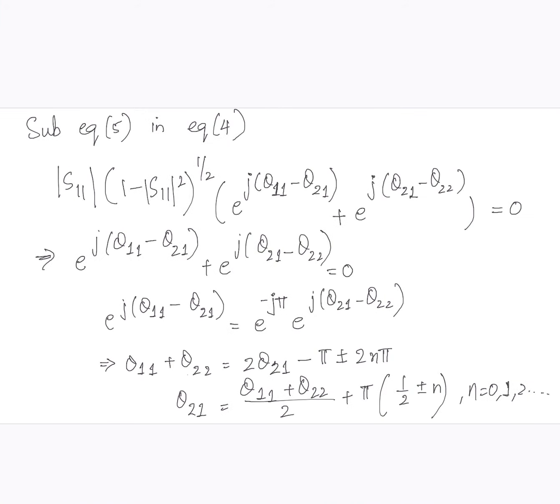So if you substitute equation 5 in equation 4, that is substituting all the magnitude and phase, we can write this as |S11| into (1 minus |S11| square) whole raised to half into e raised to j (theta 11 minus theta 21) plus e raised to j (theta 21 minus theta 22) will be equal to 0.